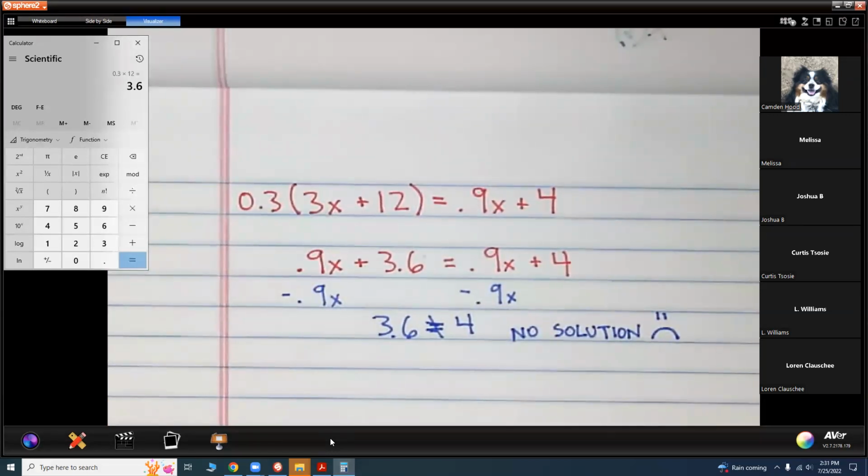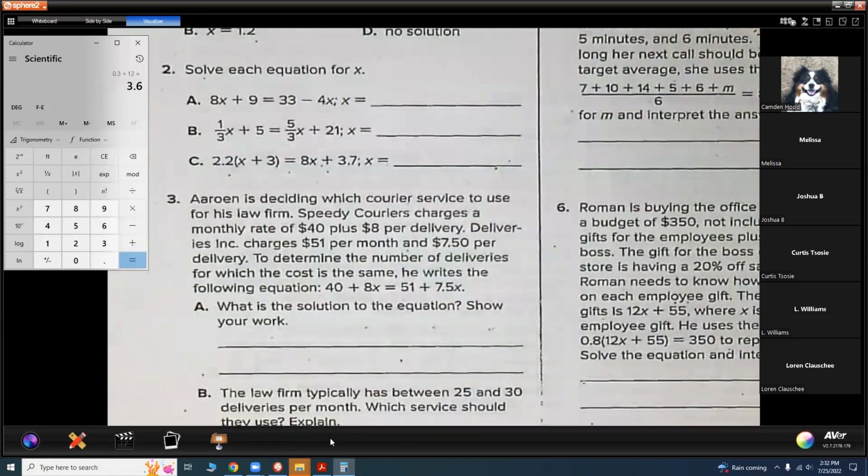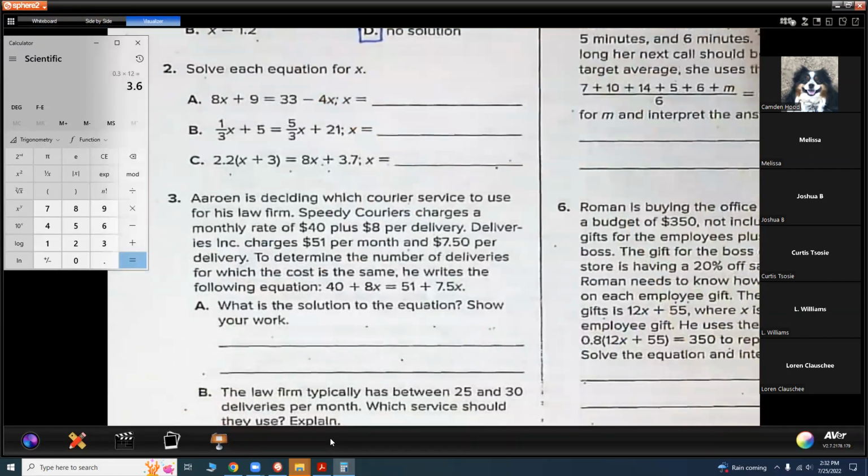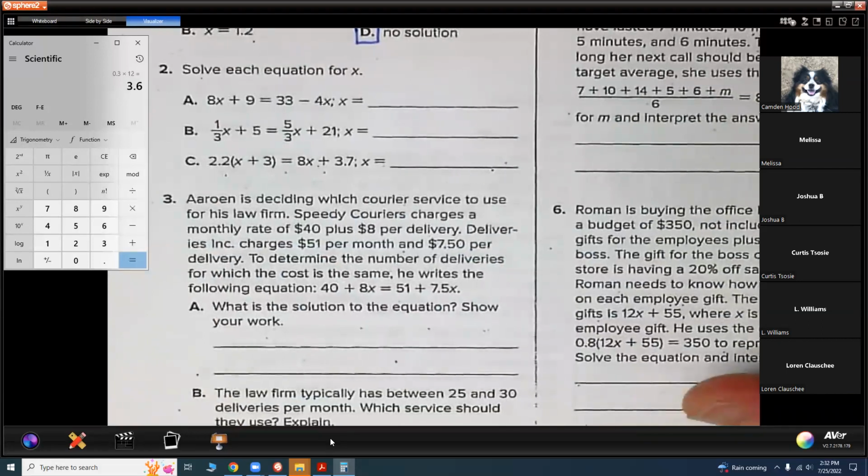Okay. So for number 1, we've got B. Okay. Go ahead and try to see A, B, and C. Okay. Try those 3 and then we'll talk about it.